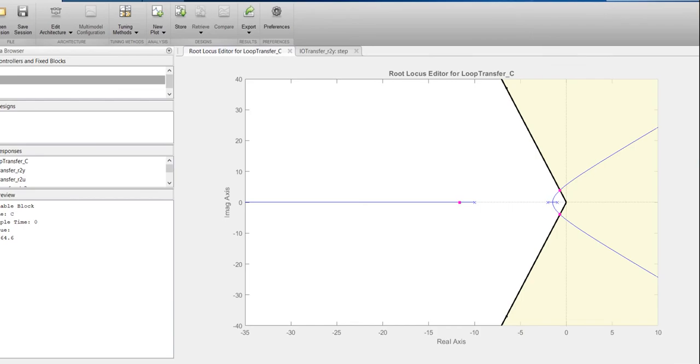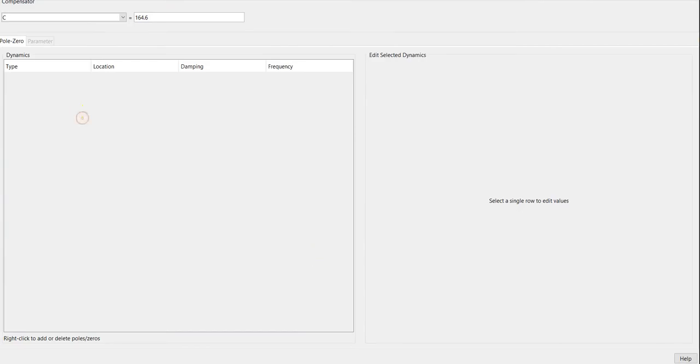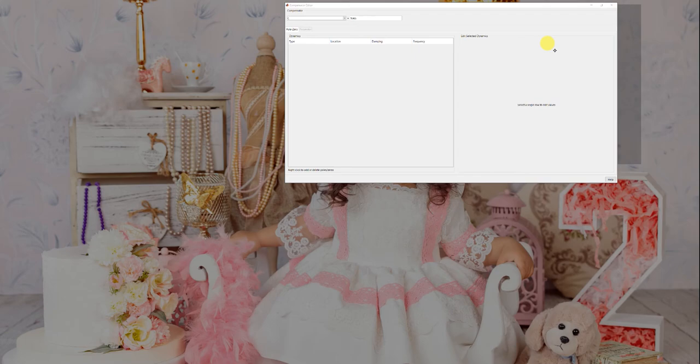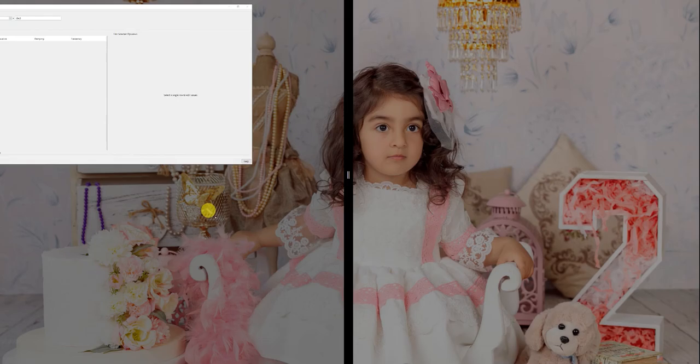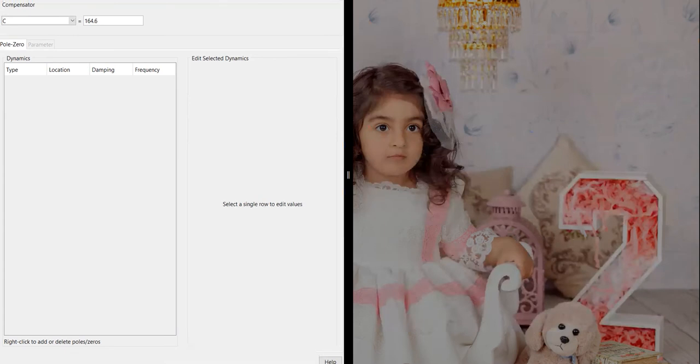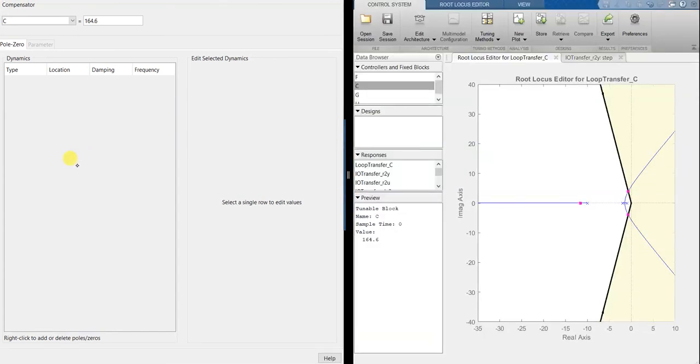So let's introduce the controller. I'm going to add a pole. Let me see if I can right click here. Try again.